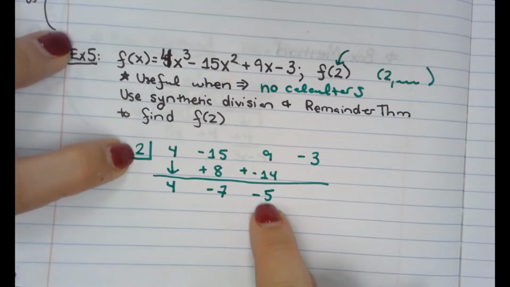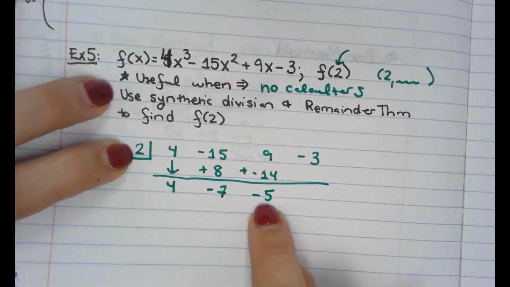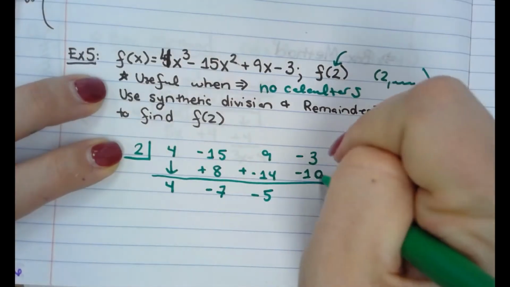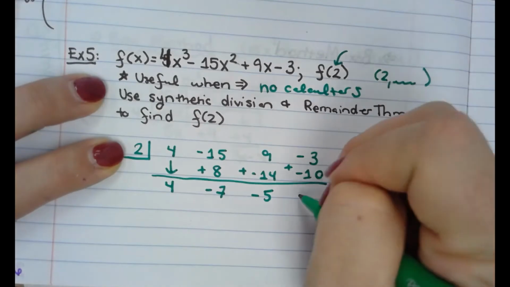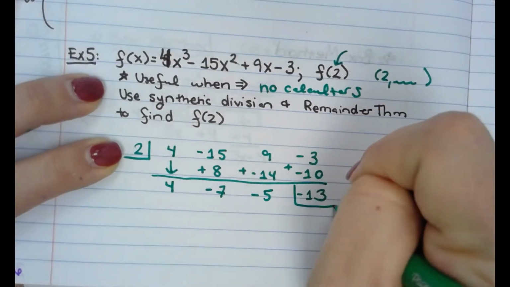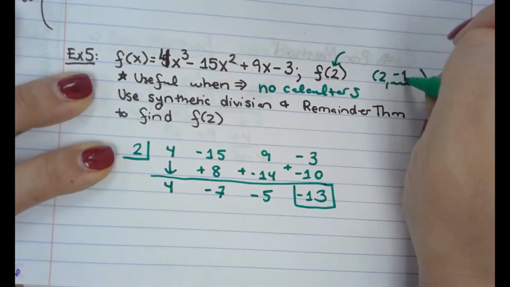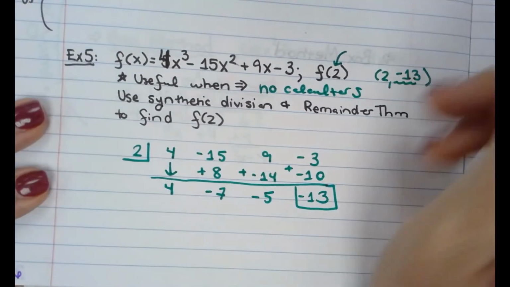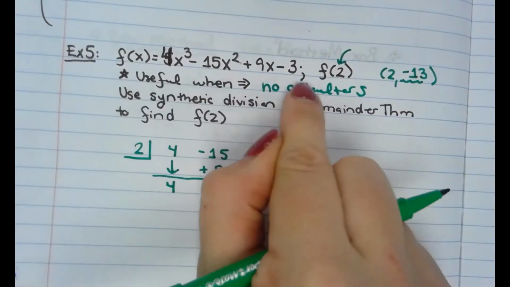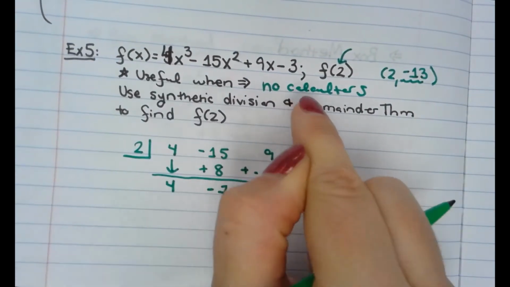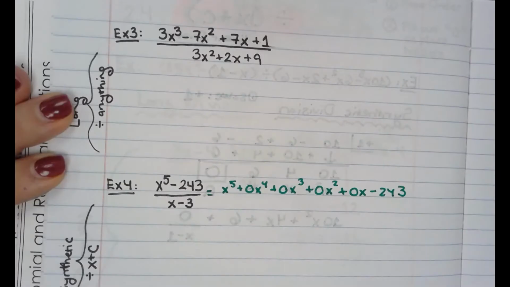Multiply. Negative 10. Okay, add it straight down. Negative 13. At this point, our goal was not division. Our output is what seems like the remainder. Okay, so without using straight plug-in, this also works to find the answer for something with a larger input. All right, so here we go.